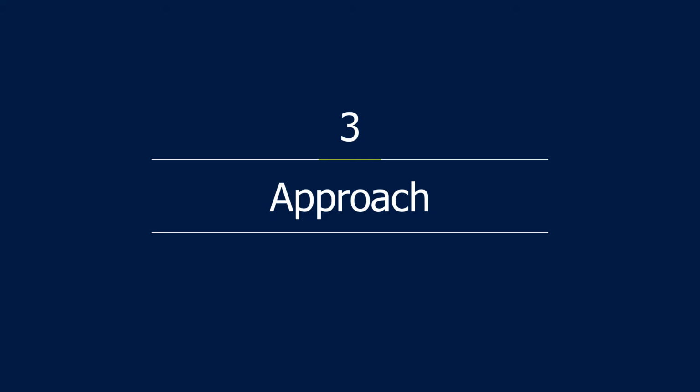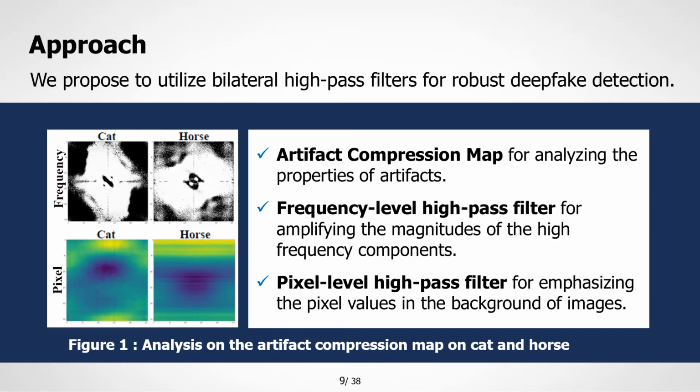Next is the approach of our work. For robust generalization and deepfake detection, we propose a novel approach to utilize the bilateral high-pass filters. Based on the analysis on the artifact compression map, we discovered that the generated images contain the artifacts with different properties in the frequency and pixel domains, as shown in the dark areas in the top row of Figure 1.